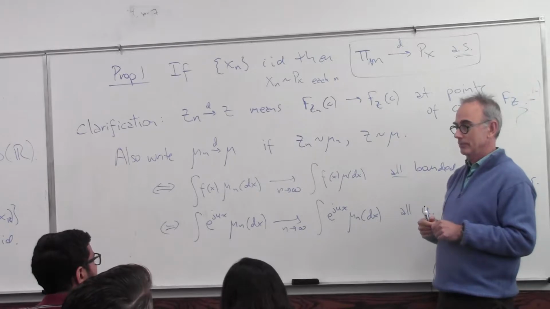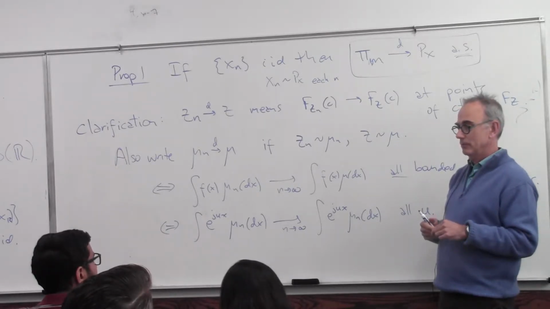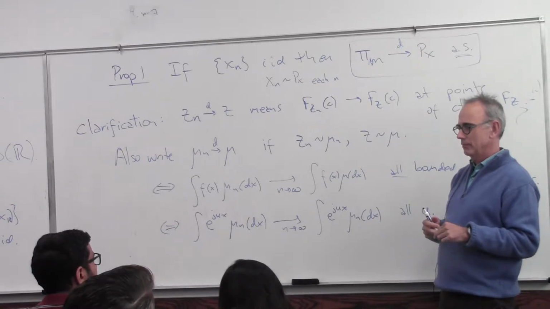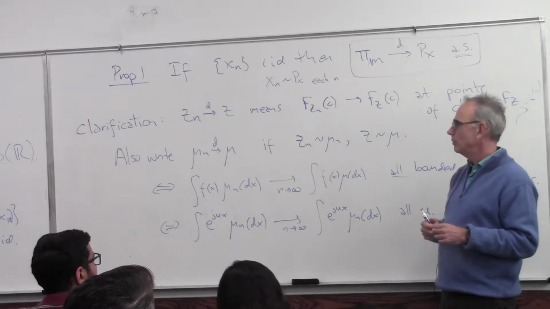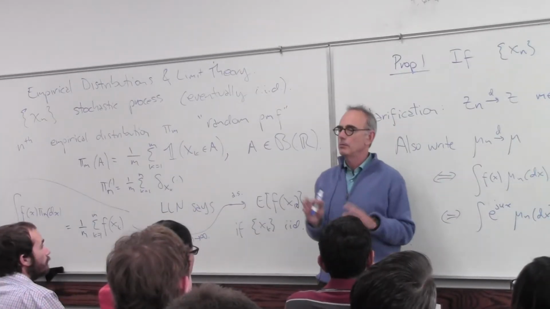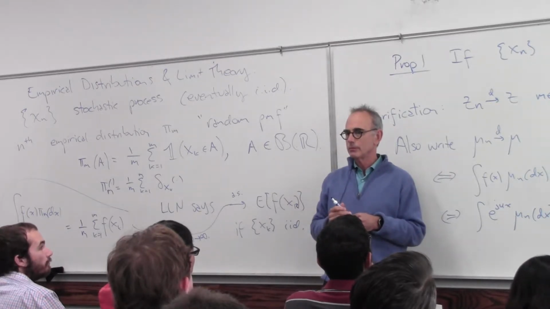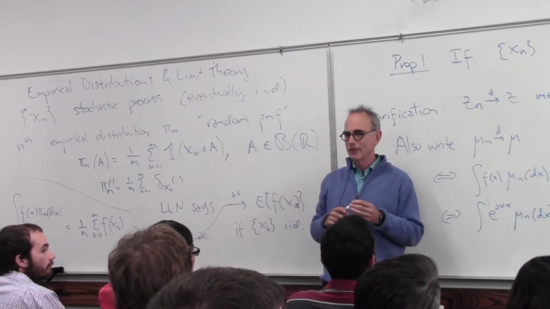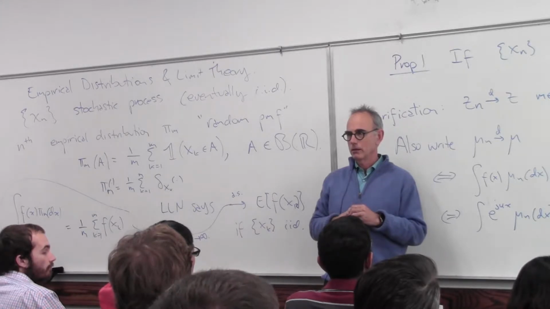The sticky point is that convergence in distribution said the events don't have to come from the same probability space. Whenever I talk about the real line, it's the Borel sigma algebra. But almost sure convergence said you have the same probability space for all time.